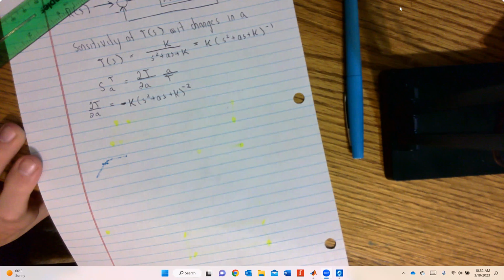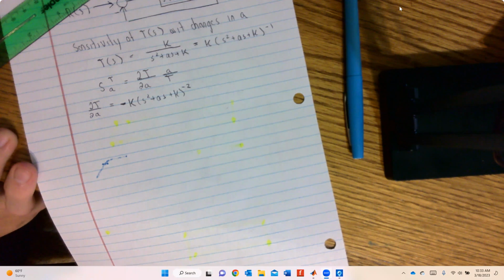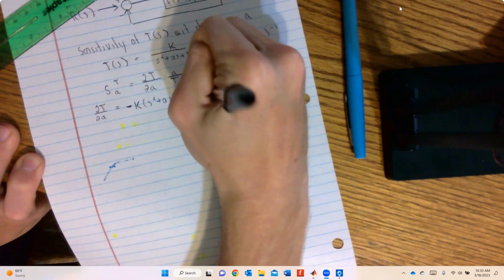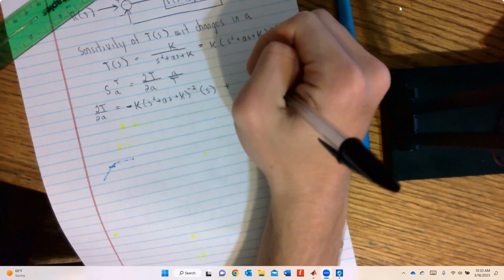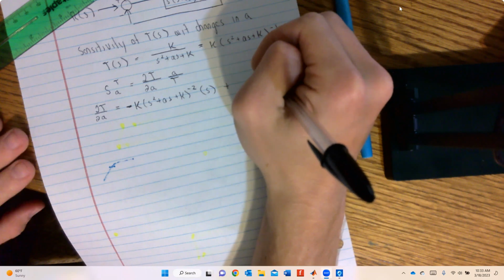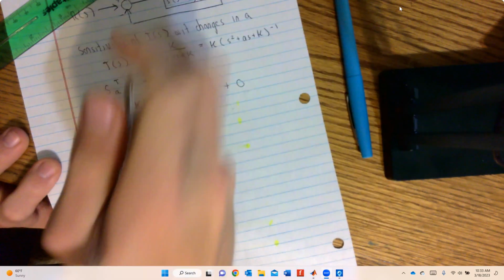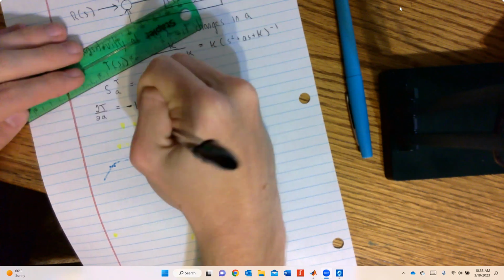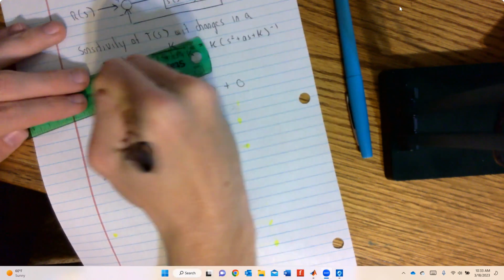Then we take the inner derivative with respect to A, which gives an S term. Then plus the second times the derivative of the first with respect to A, which is just 0, because the derivative of K with respect to A is 0. So we get negative S K all over S squared plus A S plus K, squared. That's our partial T with respect to A.